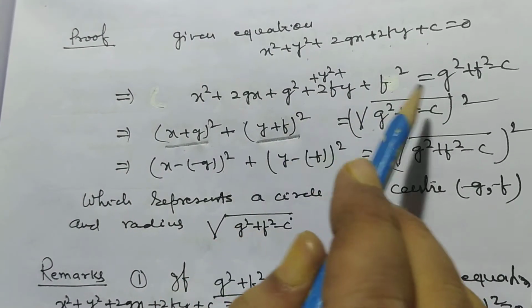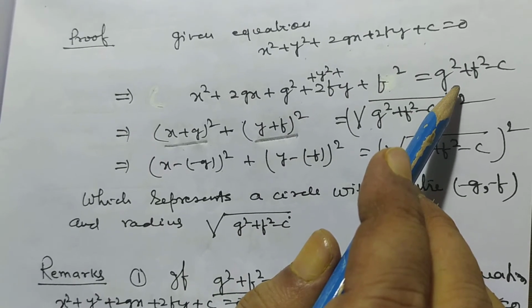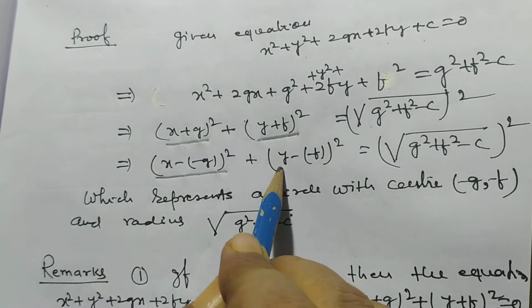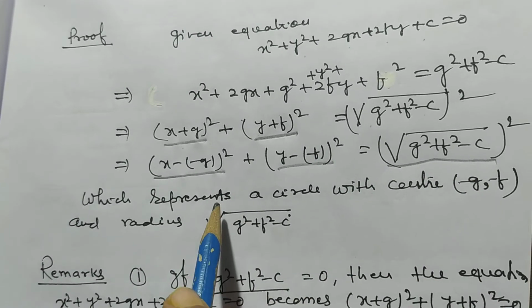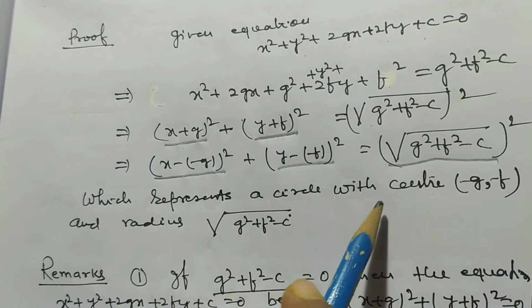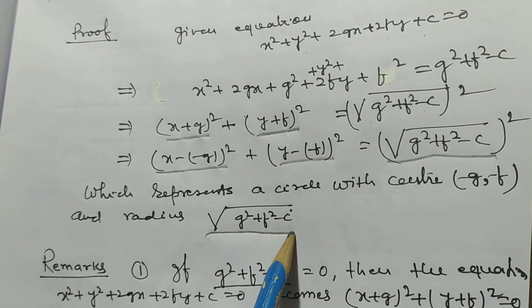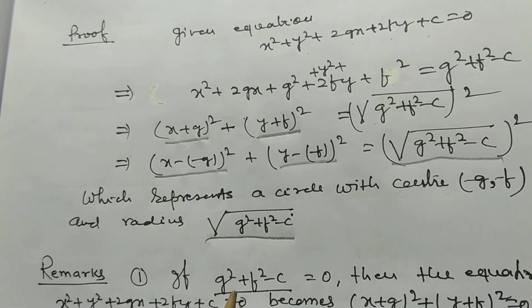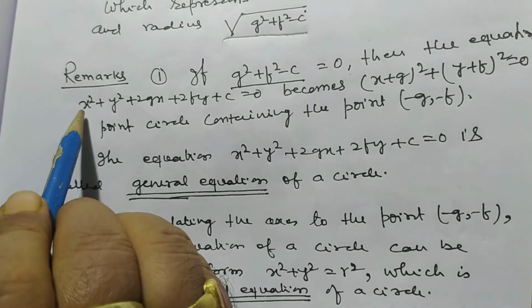By adding g² + f² on both sides, we get (x + g)² + (y + f)² = (√(g² + f² − c))². It is in the form (x − (−g))² + (y − (−f))² = r², which represents a circle with center (−g, −f) and radius √(g² + f² − c).